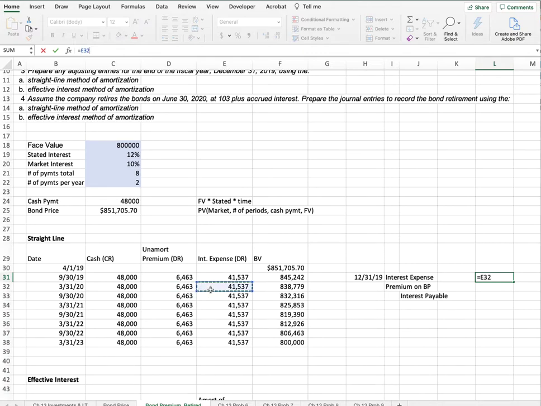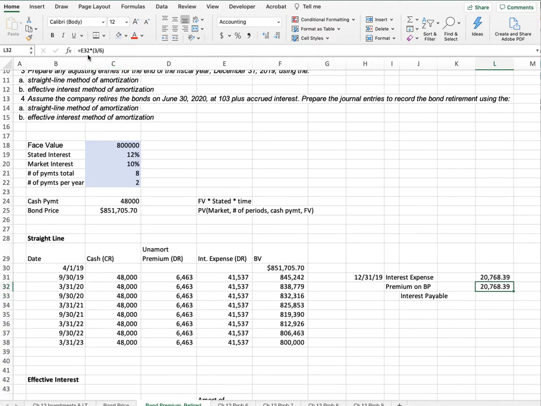Our interest expense times 3 out of 6 gives us $20,768.39. Then same thing with our premium. Our March 31st date times 1/2 or 3 out of 6 months.